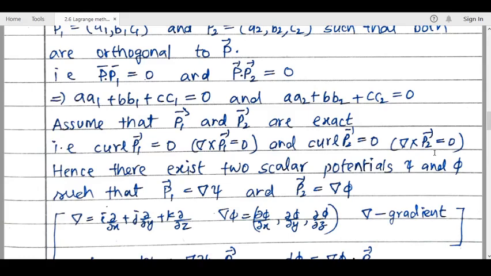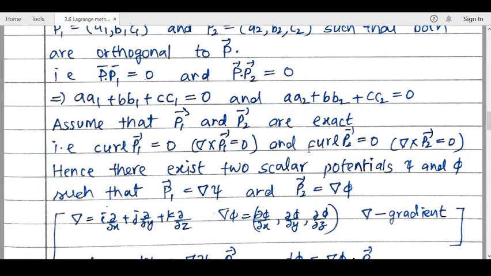And hence, since P1 and P2 are exact, there exists a scalar function whose gradient is that vector field.